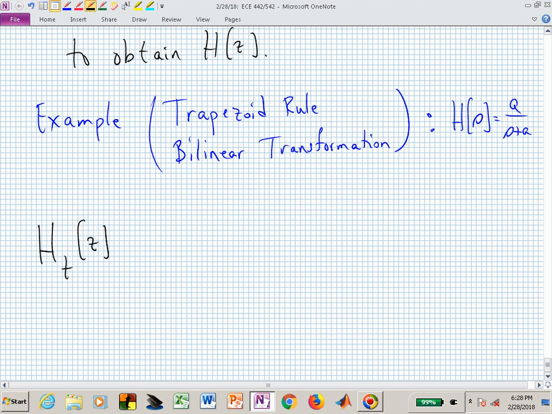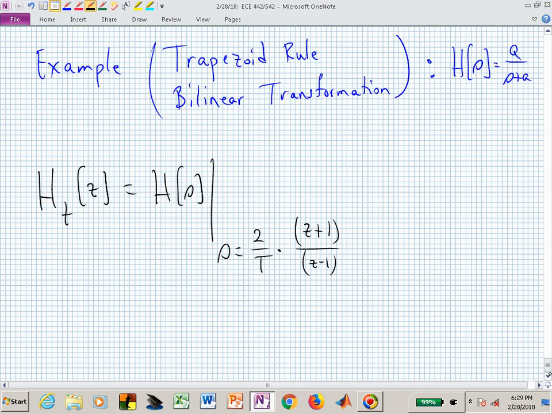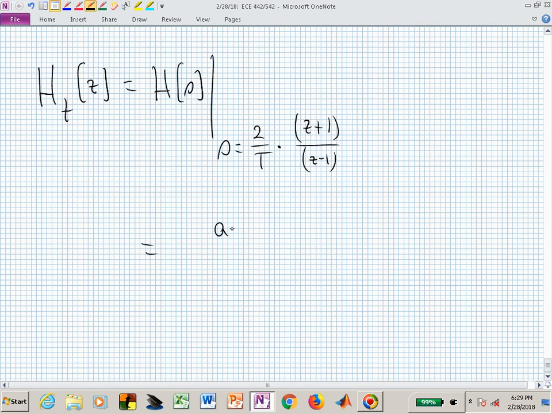Subscript now is T for trapezoid. That's H of s, with s now replaced with 2 over T times z plus 1 over z minus 1. Or that's a over s, which was 2 over T, z plus 1, z minus 1, plus a.